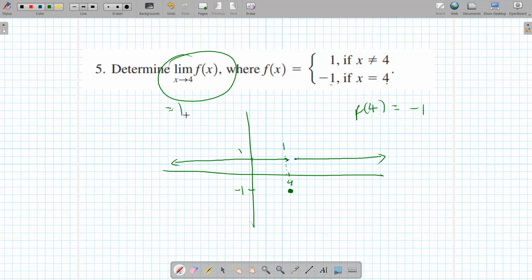Now, the limit exists. We know this because the left side and the right side were equal. But the fact that the limit is not equal to the y value when x is exactly 4 means it's not continuous. Okay? Notice the distinction.